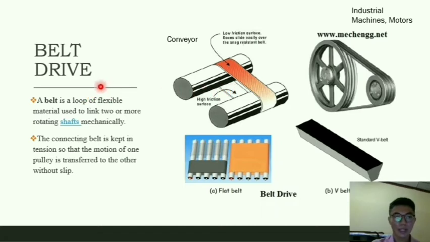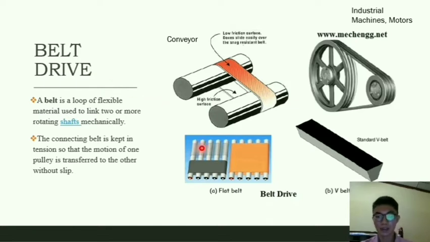Belt drive uses a flexible material, the belt, to link two or more rotating shafts mechanically, and the connecting belt is kept in tension so that the motion of one pulley is transferred to the other without slip.